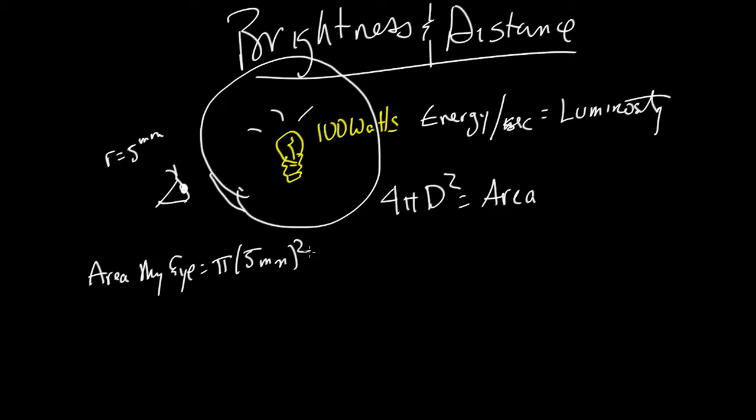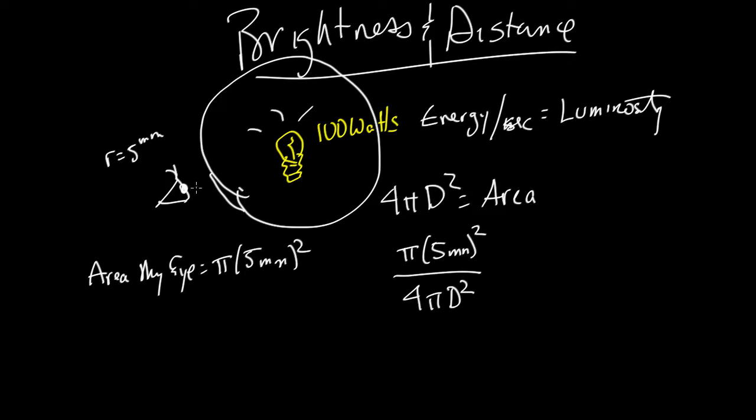The fraction of the light bulb that my eye intersects, then, is the area where all the light is spread out, so that's 4 pi d squared, compared to the fraction that my eye intercepts, which is just this small little piece of area of 5 millimeters squared times pi.